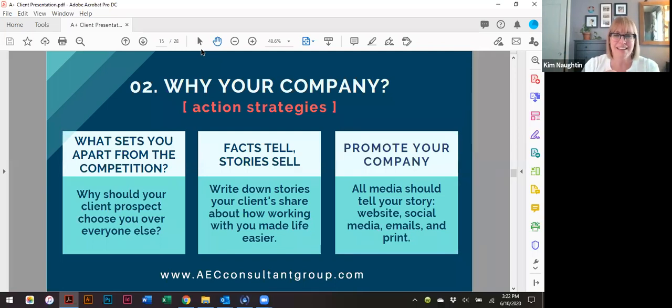If it's out there, people know it and remember it, as opposed to it not being out there and people filling in the gaps, like, oh, that company, yeah, they design parks. Maybe that's all they remember. So make sure you're putting a consistent message out on all platforms.